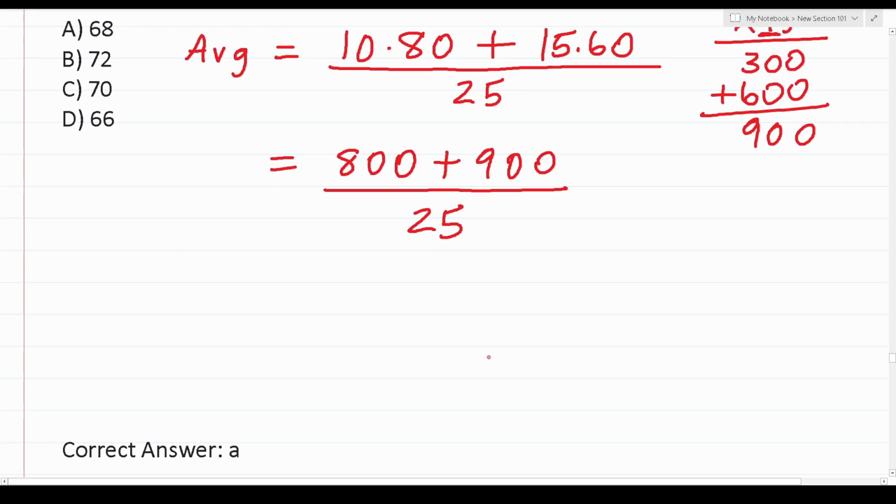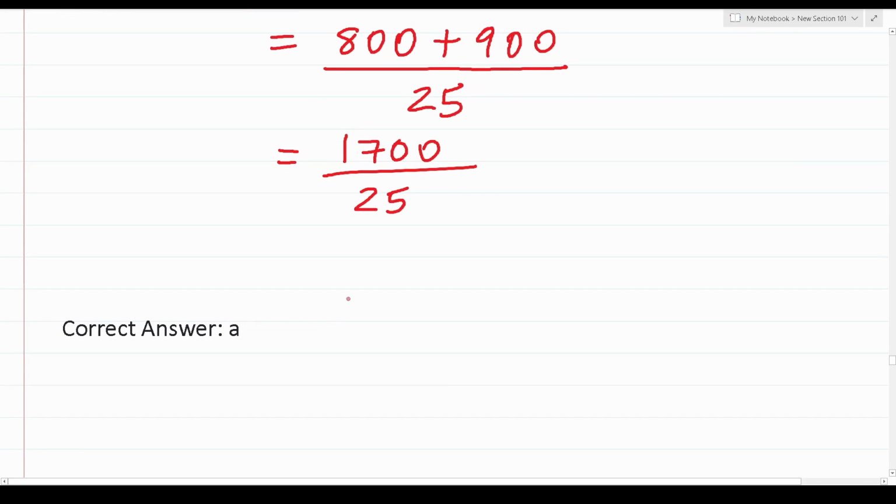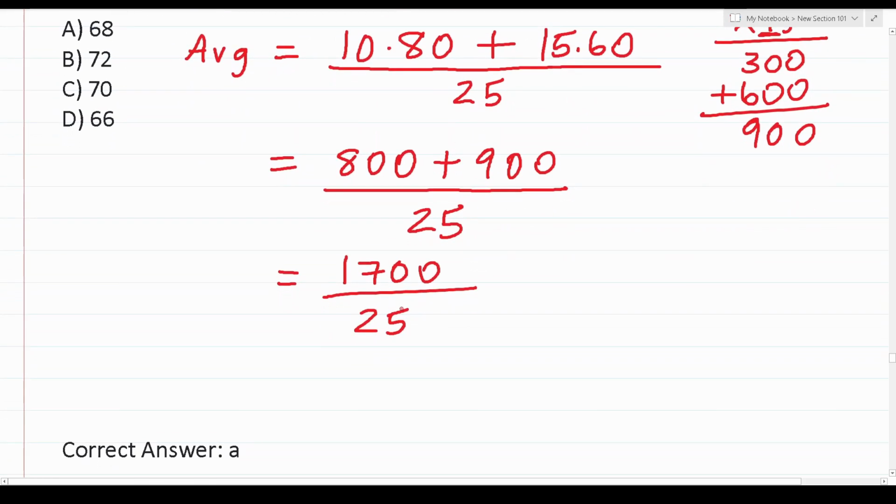All right. 800 plus 900 is going to be 1700. Of course, this is over 25. And here's where it's in your best interest to use some mental math to solve this one. What you could do is you could say 100 divided by 25 is 4.